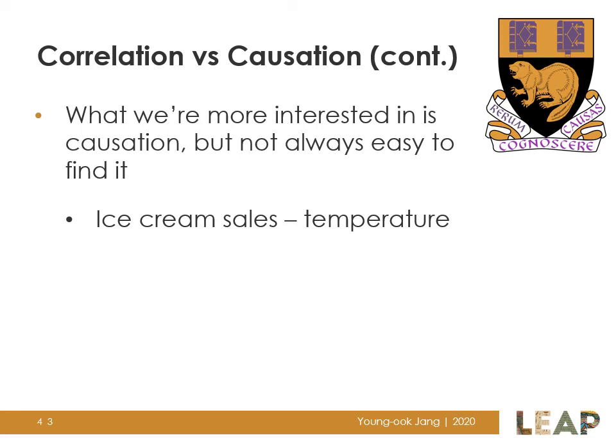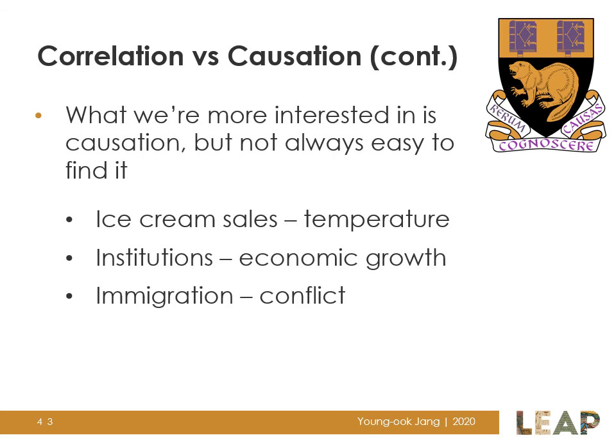Even though these two variables have correlation, the causation goes not from ice cream sales to temperature, but the other way around. It's the temperature that caused the increase in ice cream sales. So you shouldn't make it reverse.